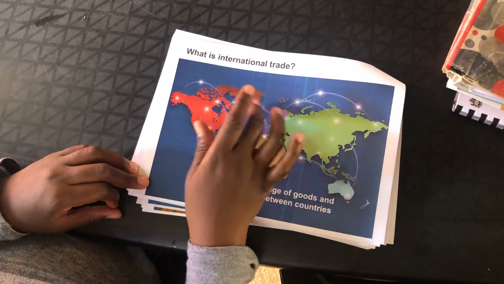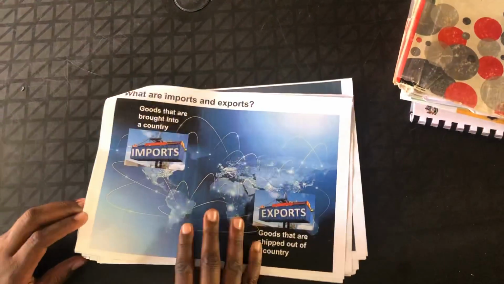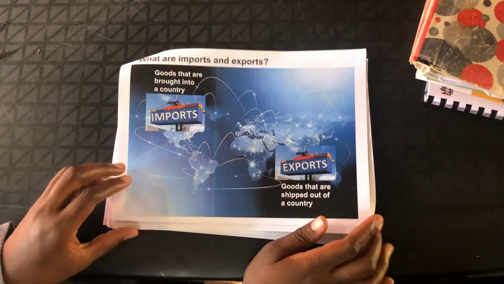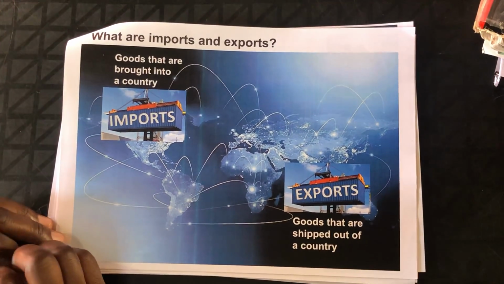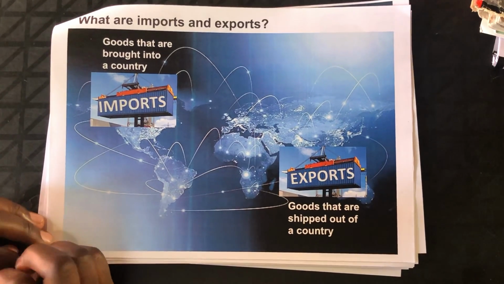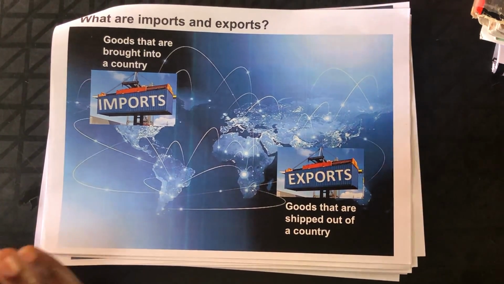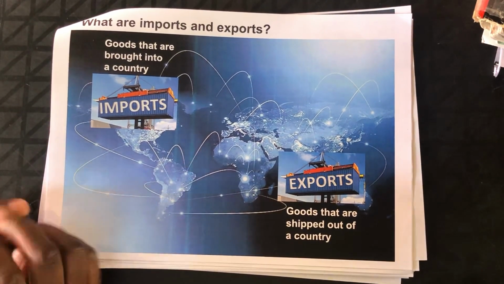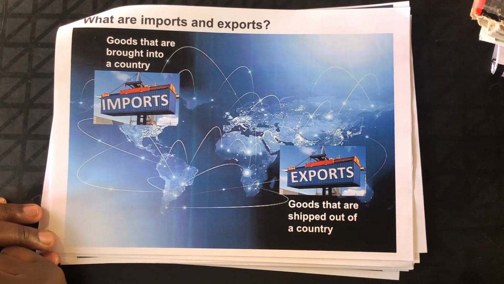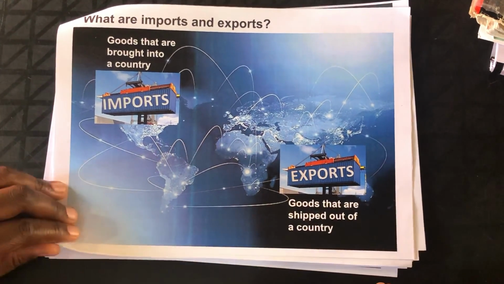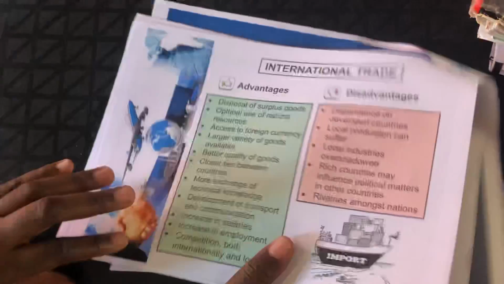Now, when we look at exchange of goods between countries, we need to talk about what the goods are. If goods are brought into a country, what do we call them? If goods are taken away or sold to other countries, what do we call that? Imports and exports. Imports are goods that are brought into the country, and exports are goods that are sold outside the country, that are shipped out of the country.